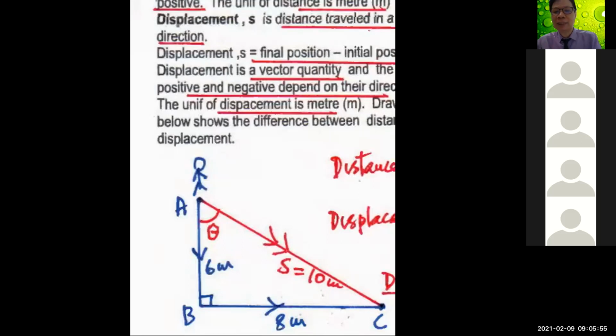Aslin says 10 meters towards southeast. Marcus said distance is 10, displacement is 8 towards C, a random answer. Never mind, let's check your answers.